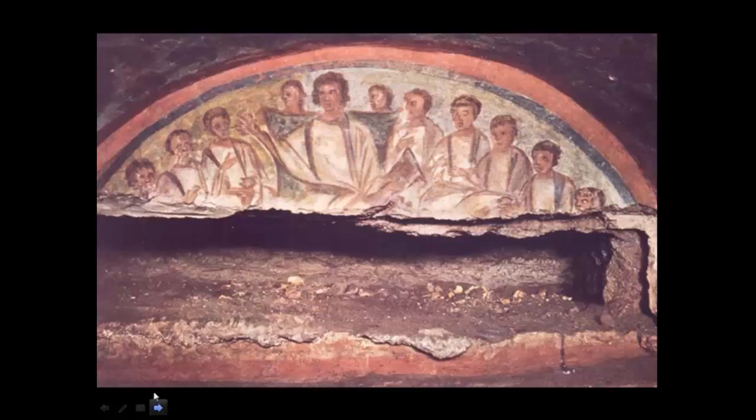So we've got 1, 2, 3, 4, 5, 6, 7, 8, 9, 10 disciples here. We assume there's an 11th one down here, a 12th one over here, and then food, bread and wine here.